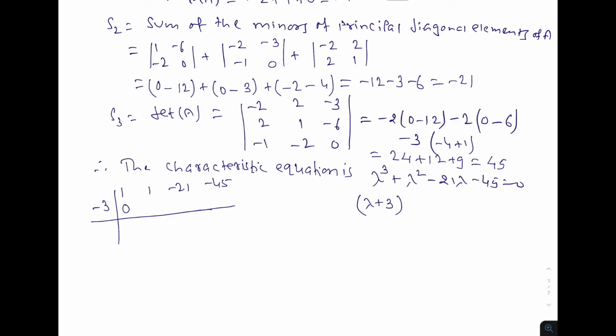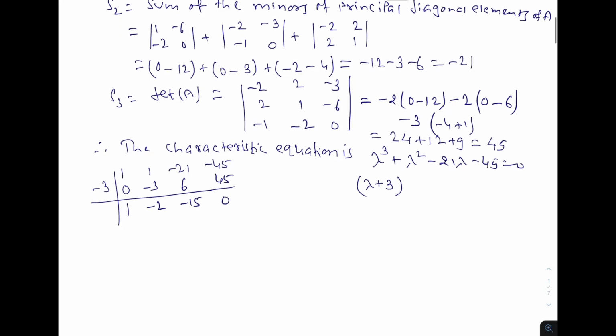Then we add these two, multiply these two, add here, again multiply these two, add here, that is minus 15, then multiply these two, and you will get 0.